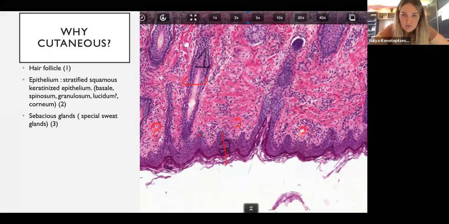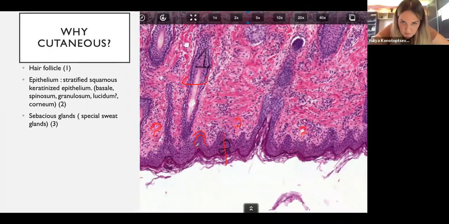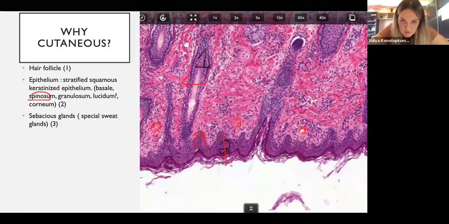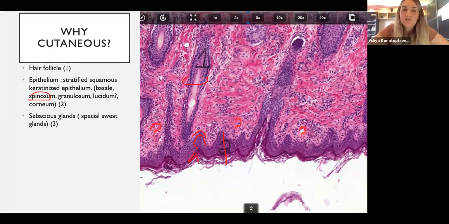The bottom layer is called basale. The next one until here is called stratum spinosum. This dark line right here is called granulosum, and the top layer is stratum corneum.